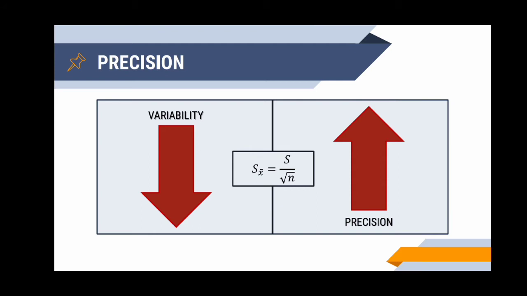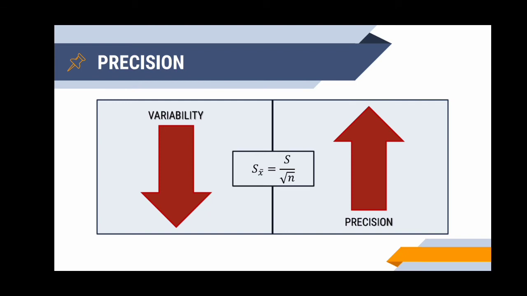And the standard error is calculated by the following formula. Yan yung nakikita nyo dyan sa box na yan. S subscript x mean is equal to S, or the standard deviation, divided by the square root of n, or yun yung sample size.